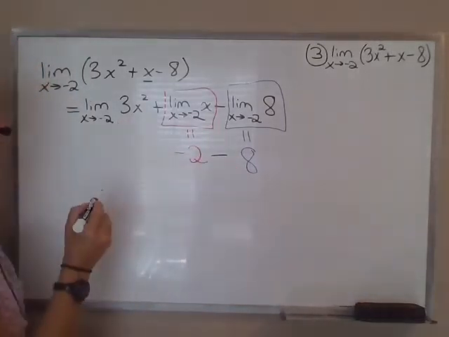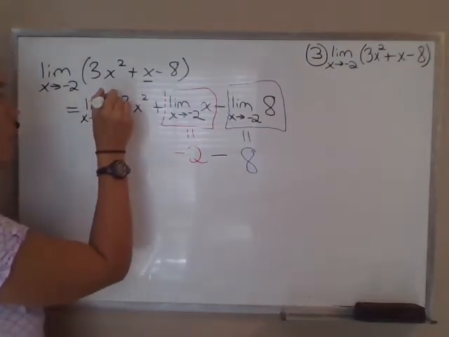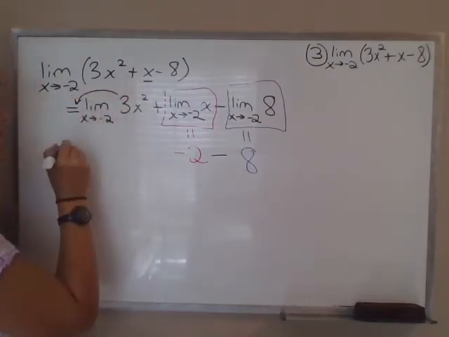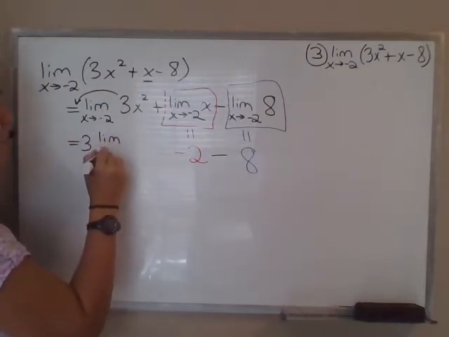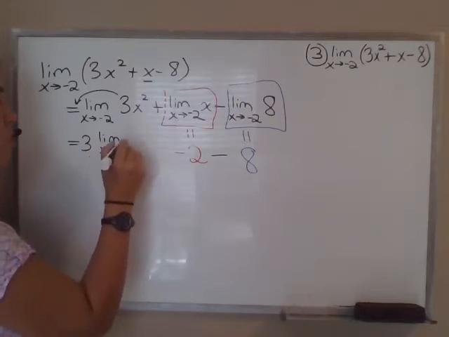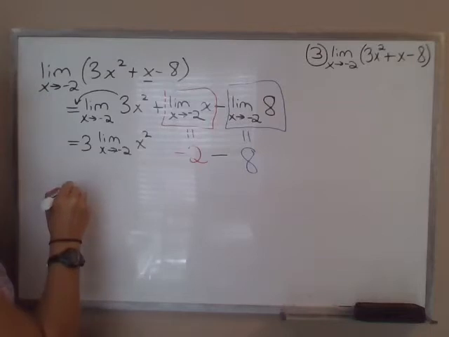In this first part, when you have a constant multiple like the 3 here, you're allowed to move that out front. So this is equal to 3 times the limit as x approaches negative 2 of x squared.